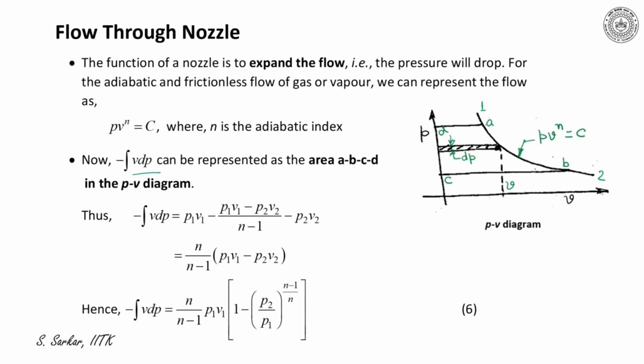Now let us consider P1 be the pressure at one state, and at the end of the process P2 be the pressure. So to evaluate this integral V into dP, which is the area ABCD, that means the area ABCD is indicated by a region bounded by the curve PV to the power n with the pressure P1 and P2.